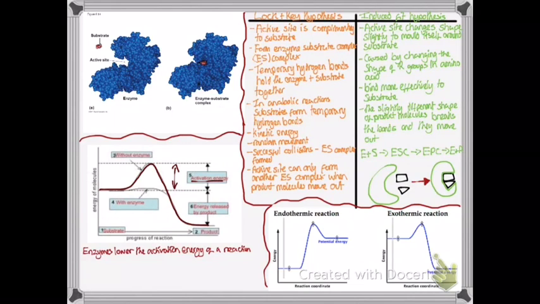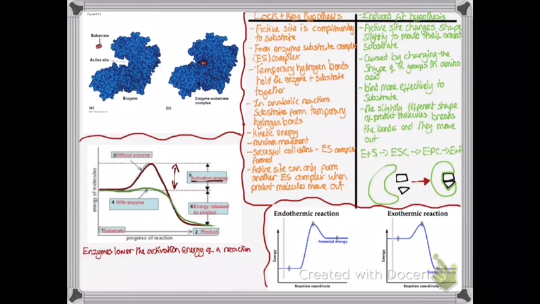The enzymes lower this activation energy. So if we use an enzyme and do this in green, the curve only slightly increases and then it follows the same trend. This is the important bit.